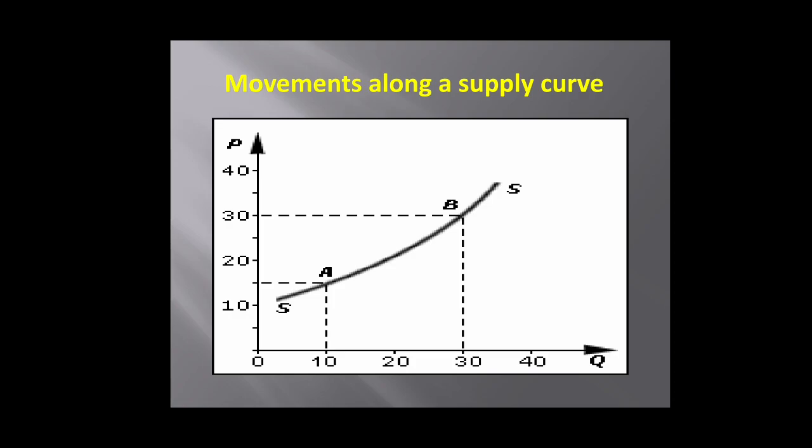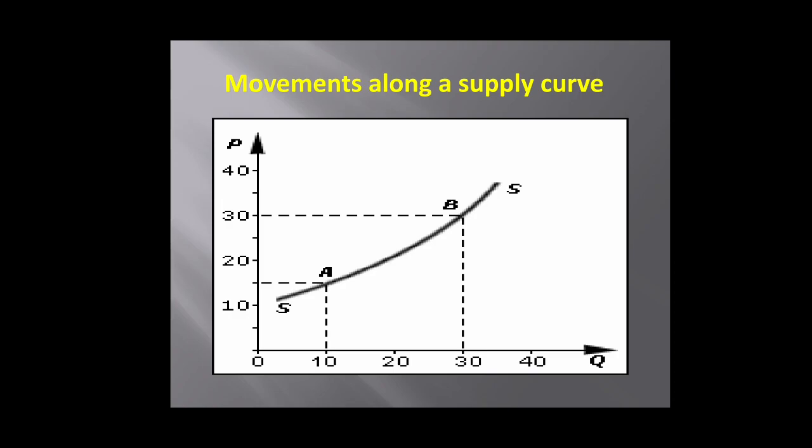Now let us suppose that price of commodity X falls from rupees 30 to rupees 15. The amount of quantity supplied of X falls from 30 units to 10 units. There is another movement in the supply curve from point B to point A. Thus, producer in case of contraction of supply moves from point B to point A on the same supply curve.